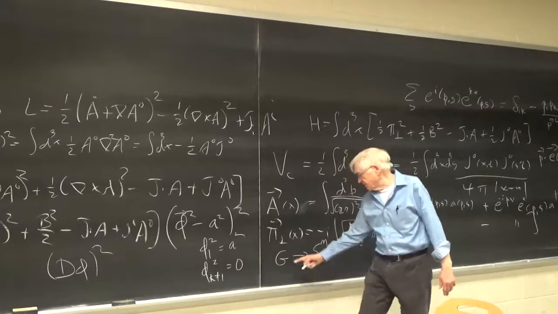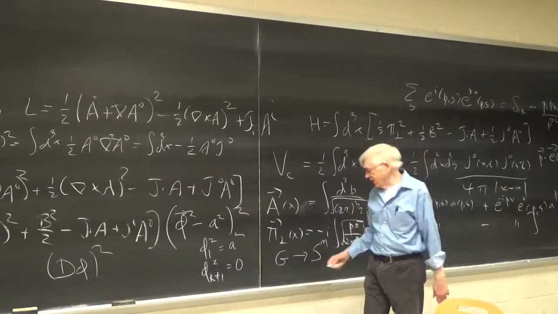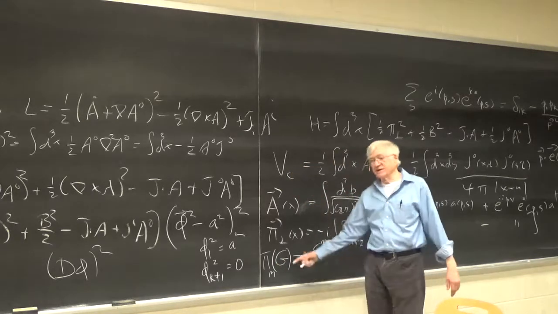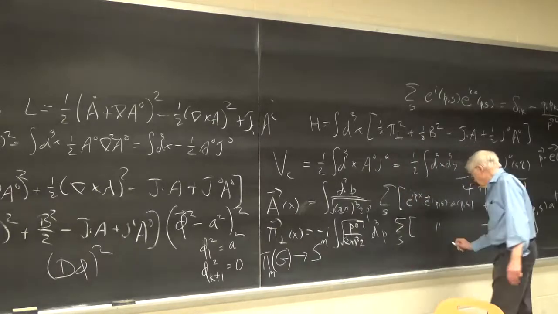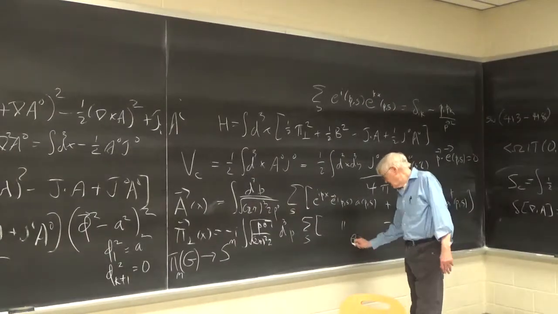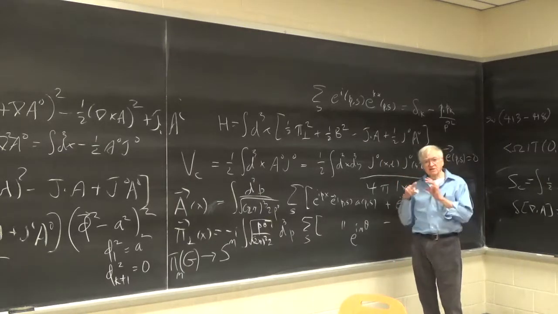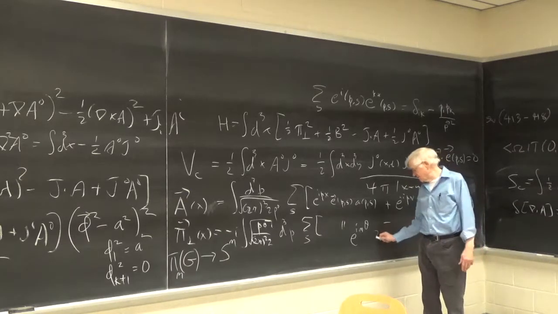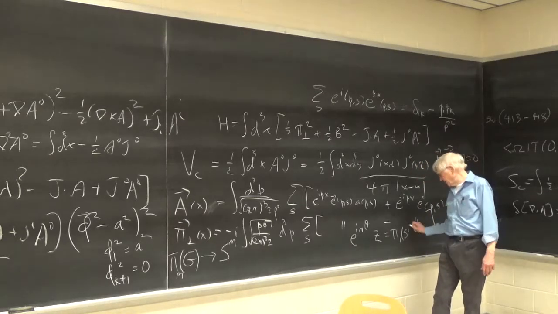So you have maps from the group into Sn, and these maps are then called the homotopy groups. This is pi n of G. For example, the simplest case is e to the i n theta, a map from U1 to the unit circle S1, and obviously the group is Z, it is pi 1 of S1.